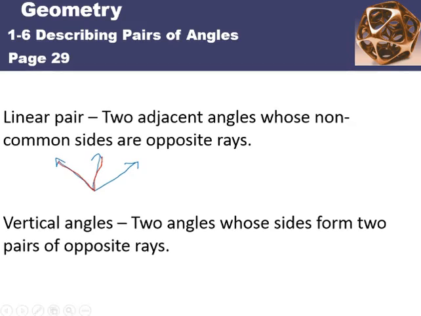These are adjacent angles because they have a common vertex and a common side. So let's put some letters in. This is A, B, C, and D. But this picture right here, it's not very straight.